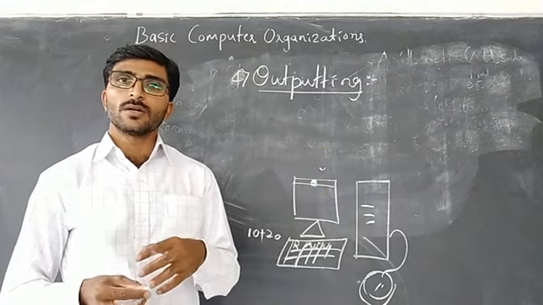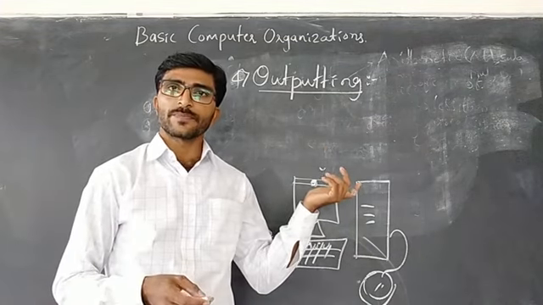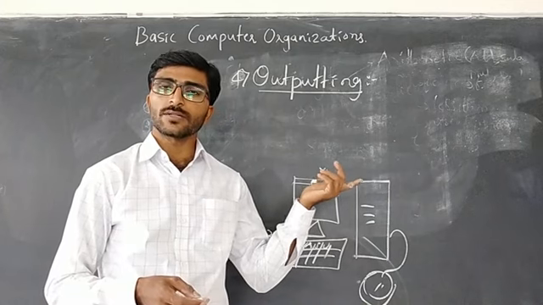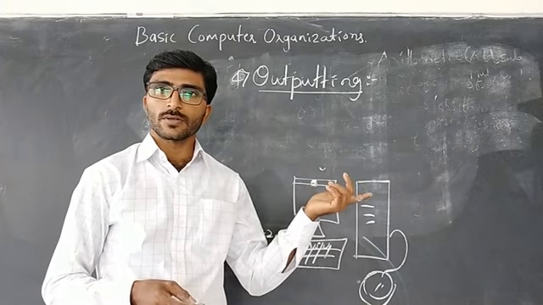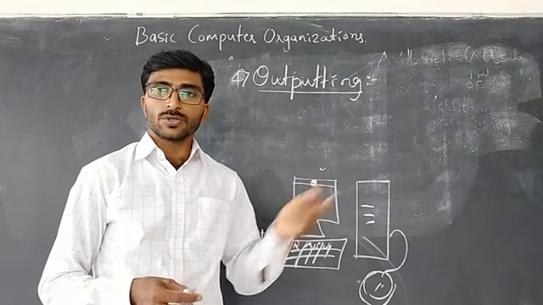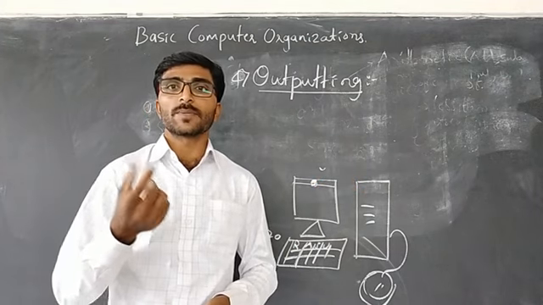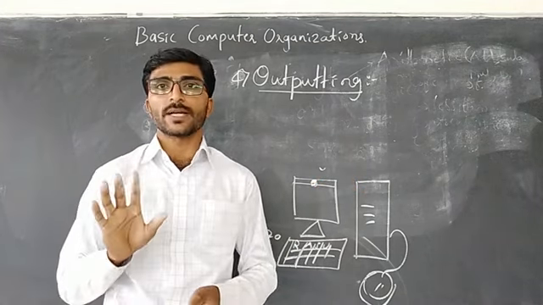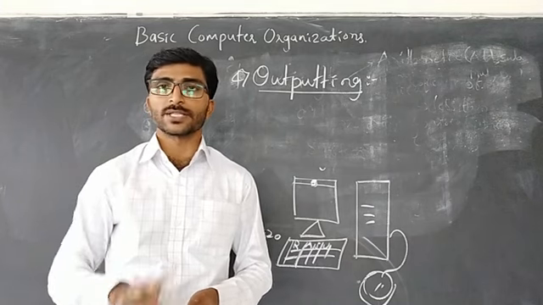Where is that 30 displayed? It is displayed by the outputting function.